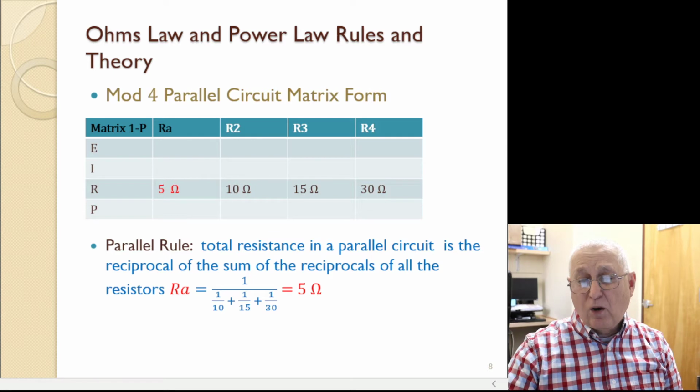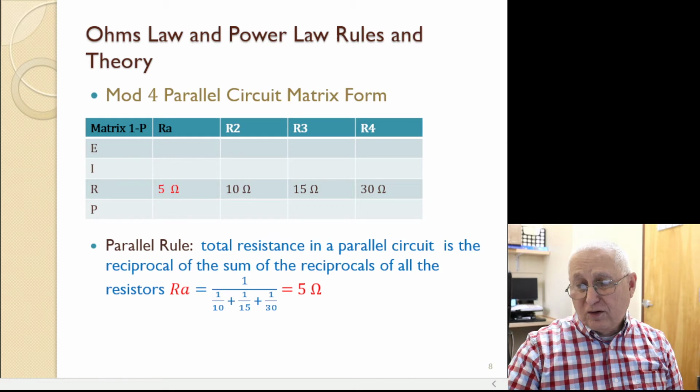It is not that hard to do once you understand it. We have 1 over 10 plus 1 over 15 plus 1 over 30. It gives us 5 ohms. We're going to call that RA. It's an equivalent resistor. It's just a holding place so that we can use this value somewhere else.